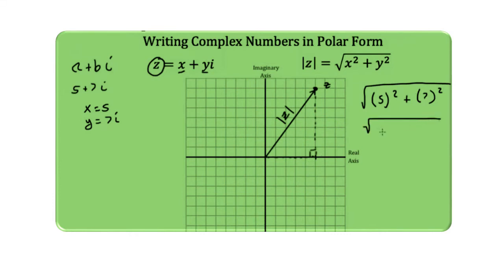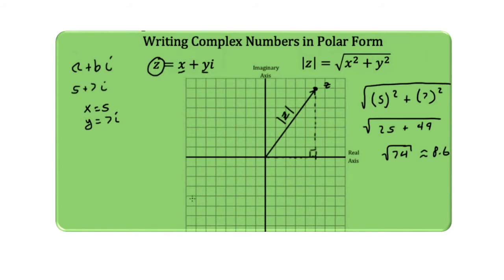This is the square root of 25 plus 49, or the square root of 74, which, if you are curious, is about 8.6.